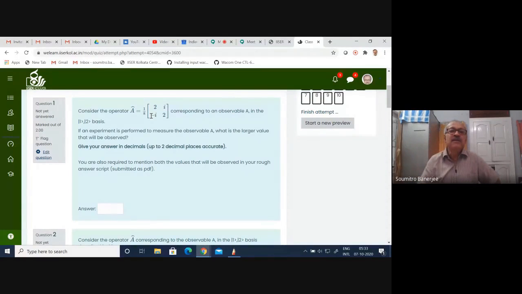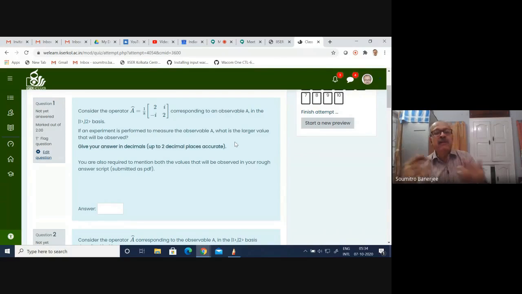The second part was that a state is given, and you have to find out the probabilities of each of these eigenvalues to be observed. Now that again comes from quantum mechanics: if something is in a state given by psi, and the eigenvector corresponding to the first eigenvalue is this, and the eigenvector corresponding to the second eigenvalue is that, then all you need to do is to take a projection of the state onto the first eigenvector.